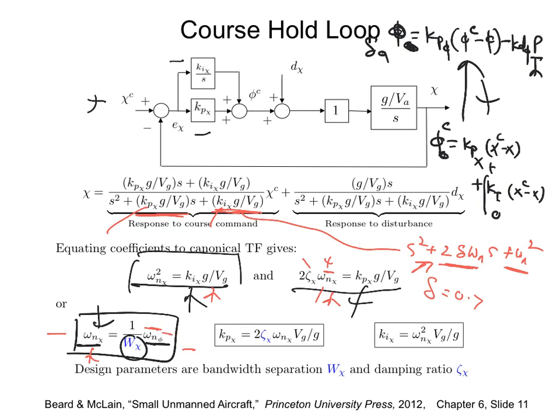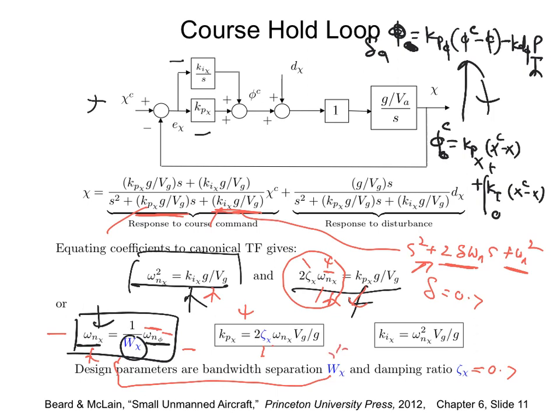So you can compute kpx from here: kpx is given as 2 zeta x omega nx. Zeta x is the design parameter, which you can choose to be 0.7, and omega chi is basically the ratio of the frequency of the roll loop versus the course loop. Okay, so bandwidth separation, that's what we call it.